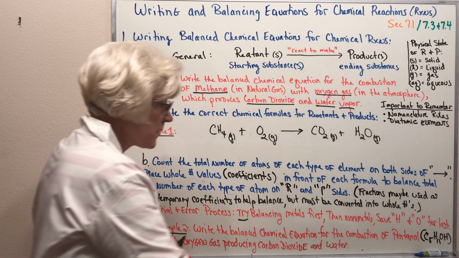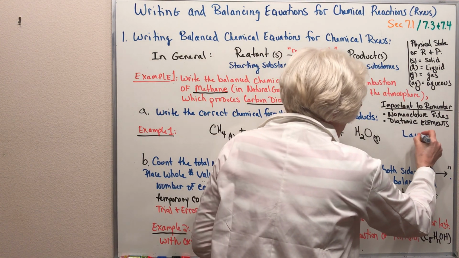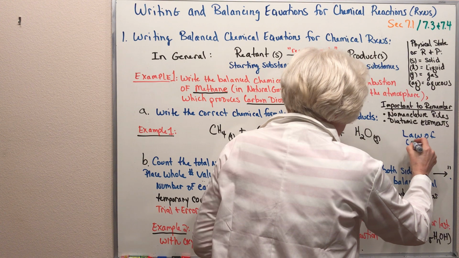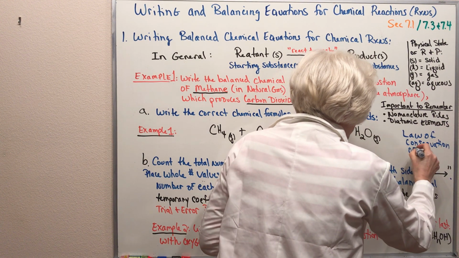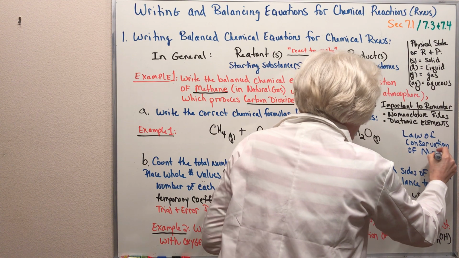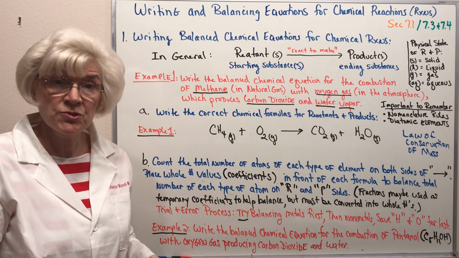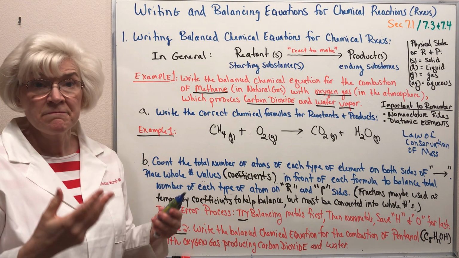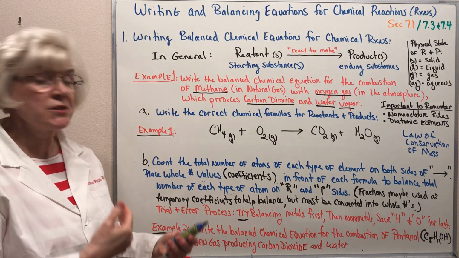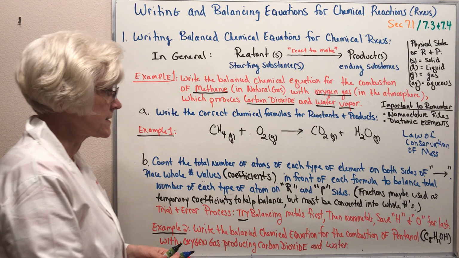In other words, we have to satisfy the law of conservation of mass, which says that in a chemical reaction, matter is neither created nor destroyed. It merely undergoes rearrangement. The atoms of elements rearrange and form new bonding arrangements to make new substances.